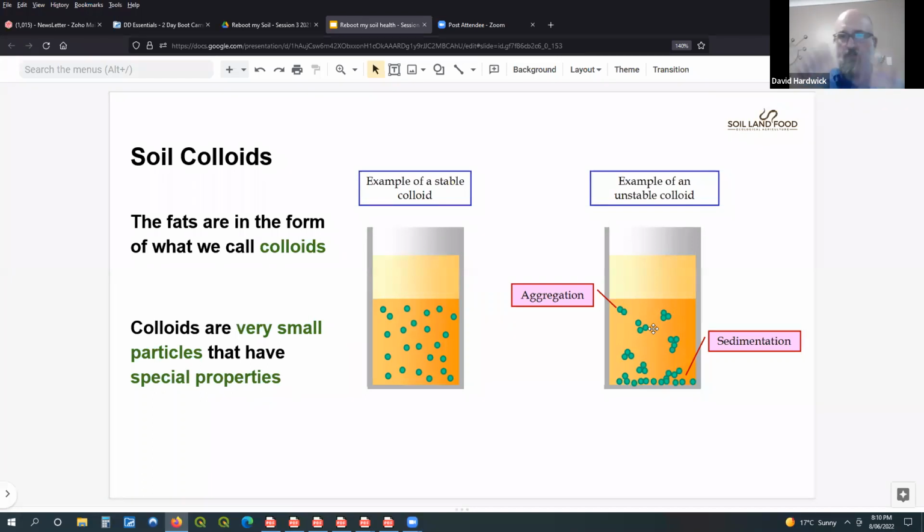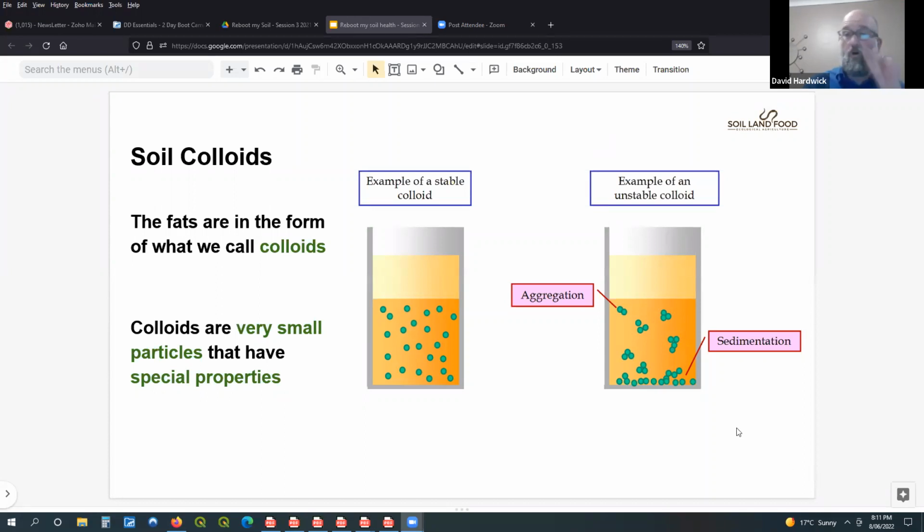So think about each fat molecule in this milk as having a charge on the surface. And as the fat particles are swirling around in the water, they're bouncing off each other and staying in suspension. That's what a colloid does. It's small and it has a charge, and therefore it has this particular behavior.